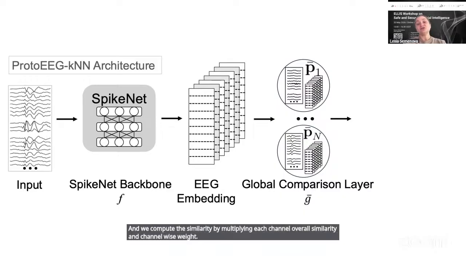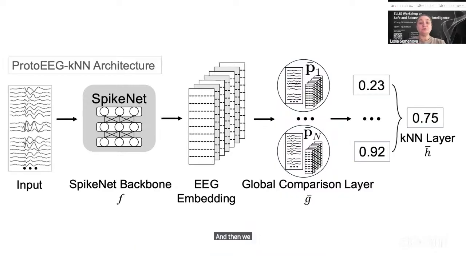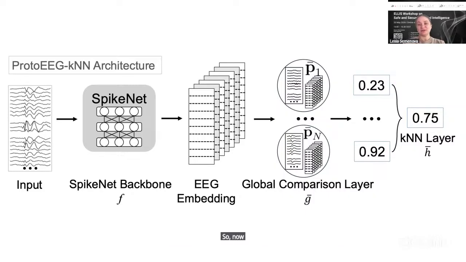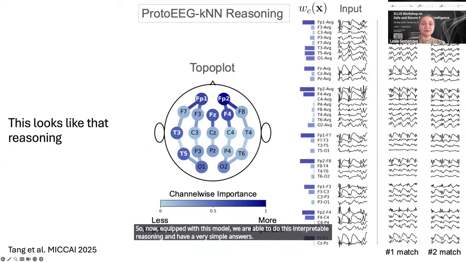We also added some interpretable features to this data just to help the model understand the signal better, such as range, variance, and some signal frequencies coming from a Fourier transform of the input. And then we were finally able to compute predictions, which is the average label of the top k most similar neighbors, where we use k equal to 10. So now, equipped with this model, we're able to do this interpretable reasoning and give very simple answers: this input looks like those inputs, and that's why we have classified it as having a spike.